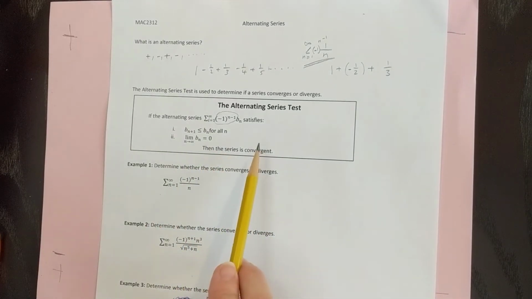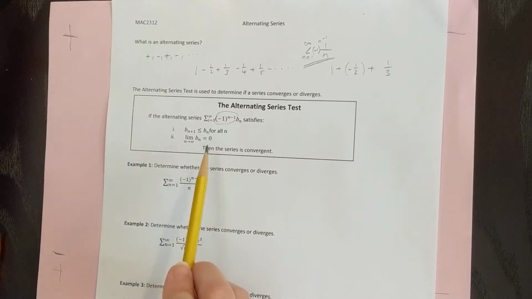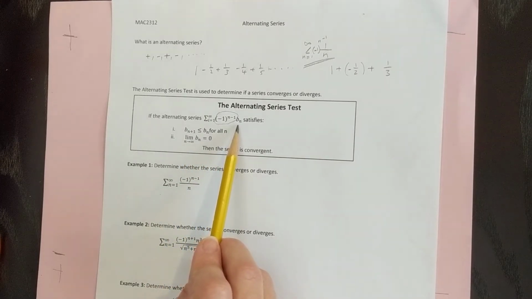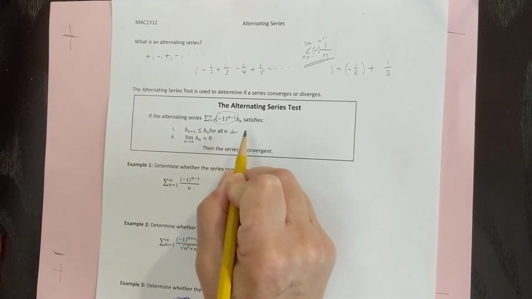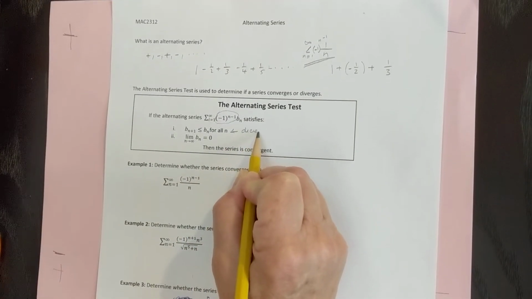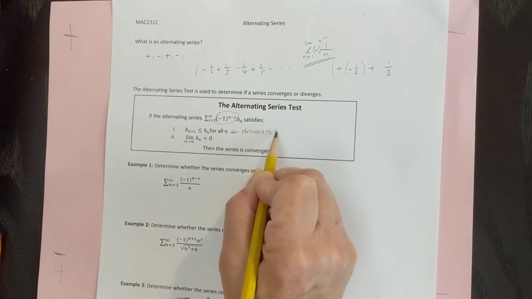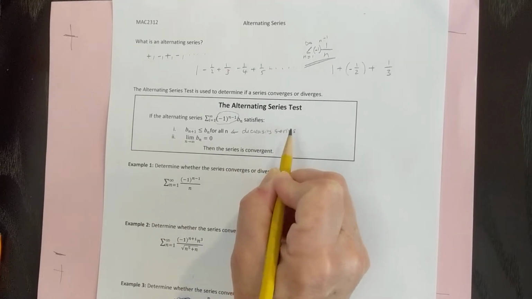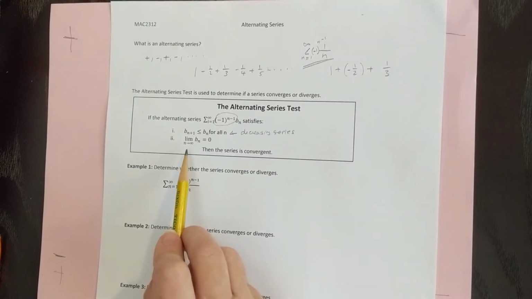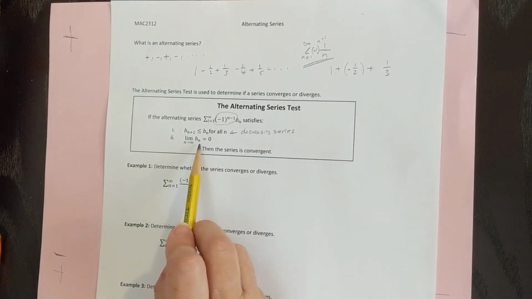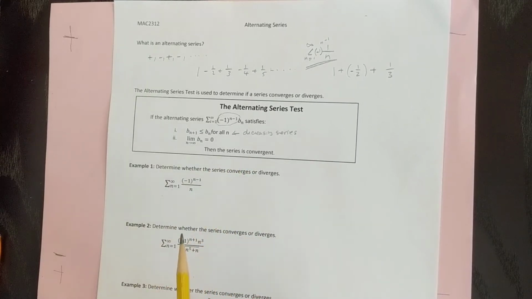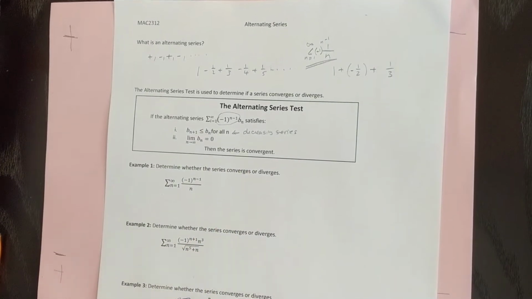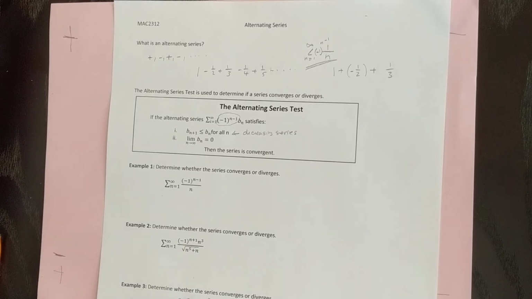If you have some alternating series, and you can show that b sub n, the part that does not alternate, is decreasing, this is what the first condition is, and also that the limit as n goes to infinity of b sub n equals 0, then the series is convergent. We can say it converges. If it doesn't meet those conditions, we can use the divergence test to prove that it's divergent.